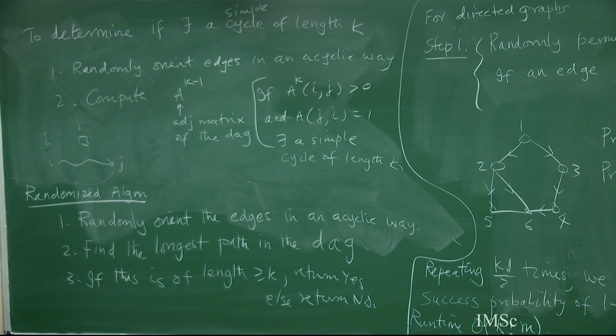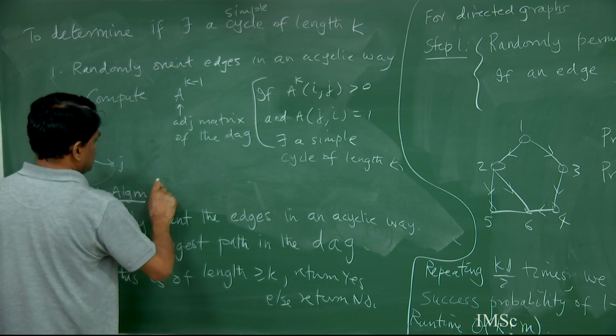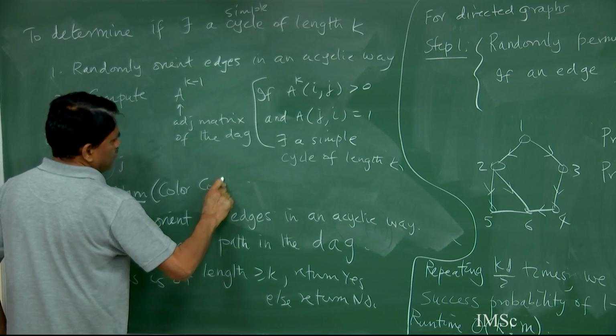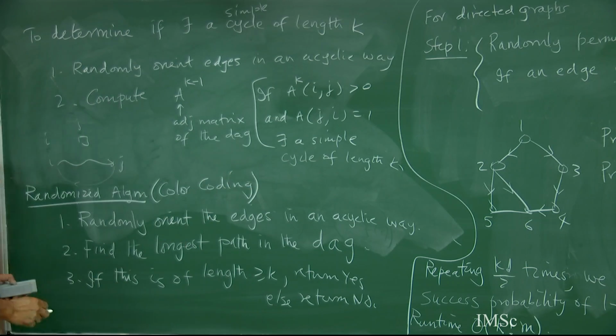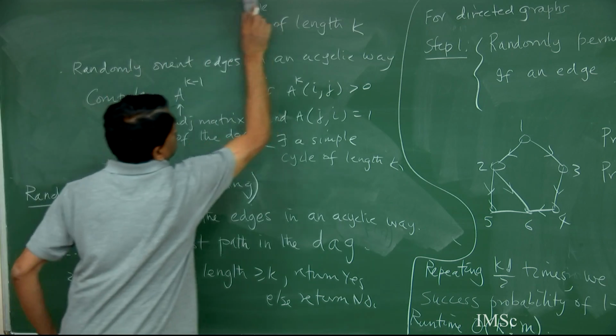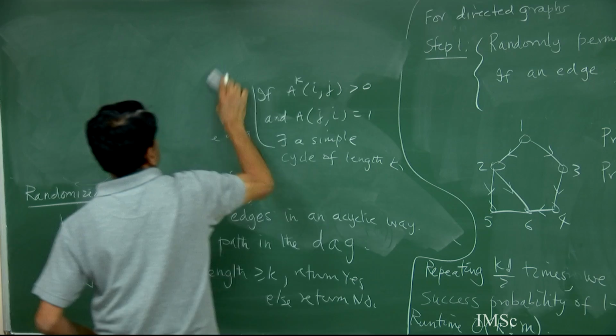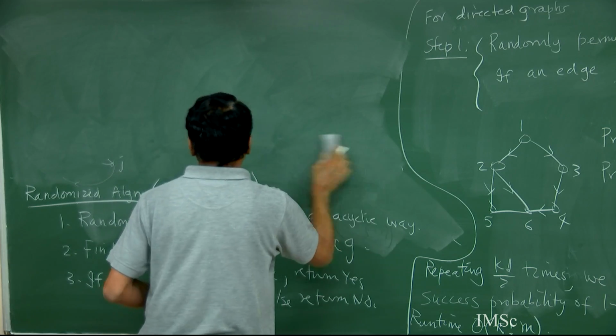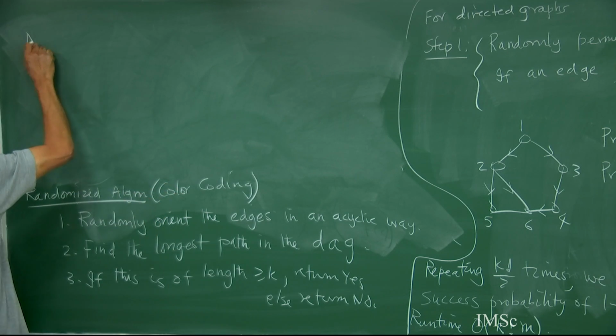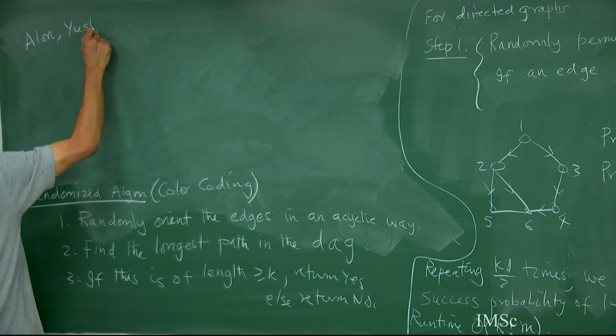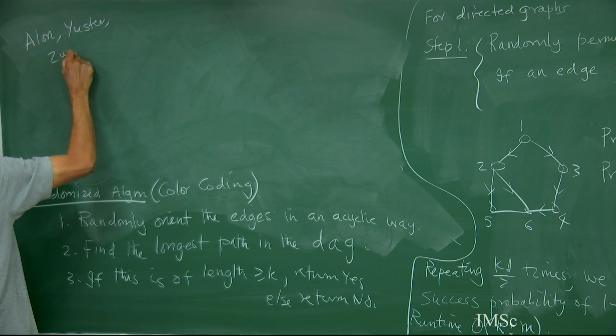To improve it to 2 to the order k, there is a very nice technique called color coding. It also has a 3-step algorithm basically, but each of the steps is different. The book also has a description of this, but this is from a very influential paper due to Alon, Yuster and Zwick.